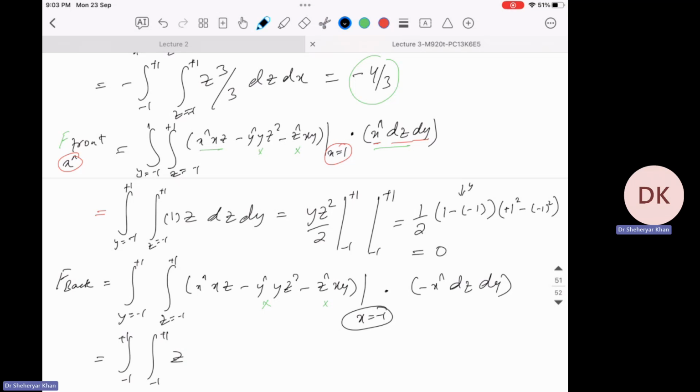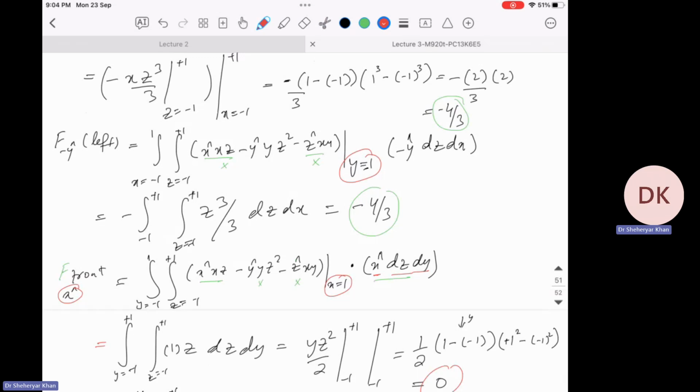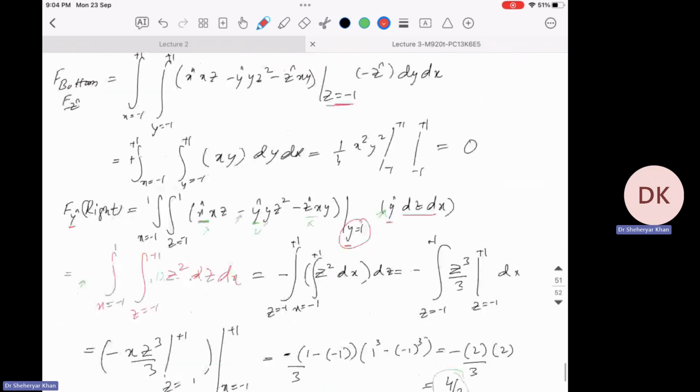So this minus and this minus will turn into positive value. Also 0. So you have 1, 0, 2, 0, minus 4 by 3, minus 4 by 3, 0, and 0.